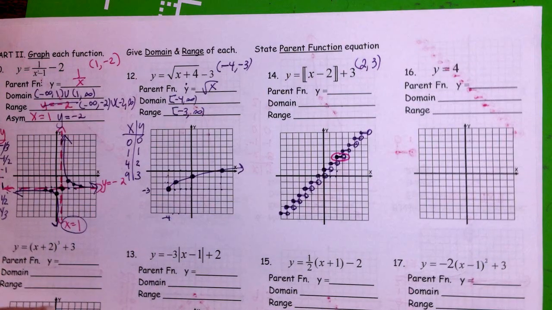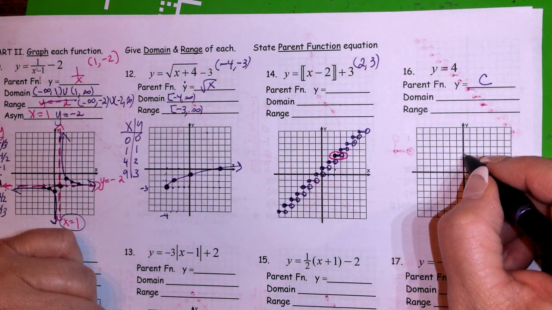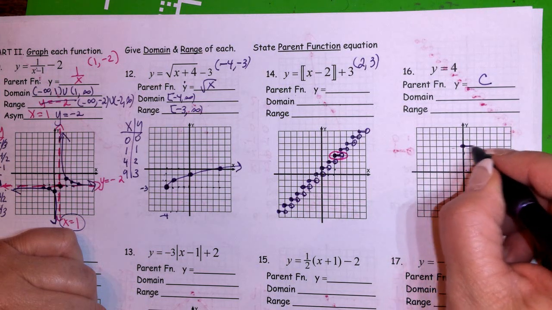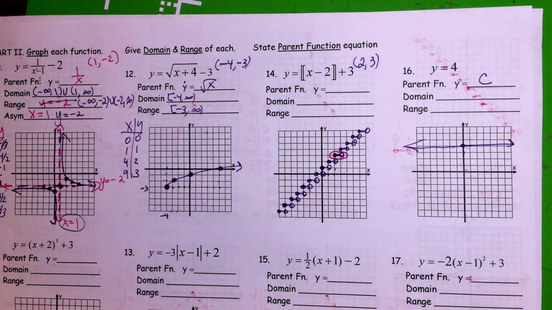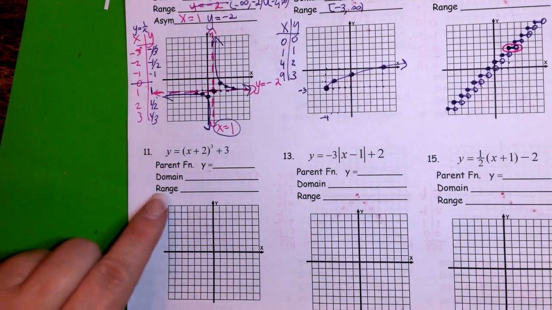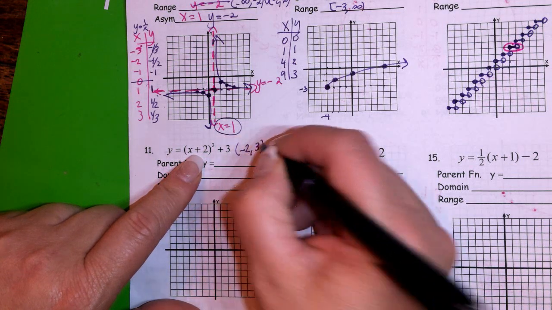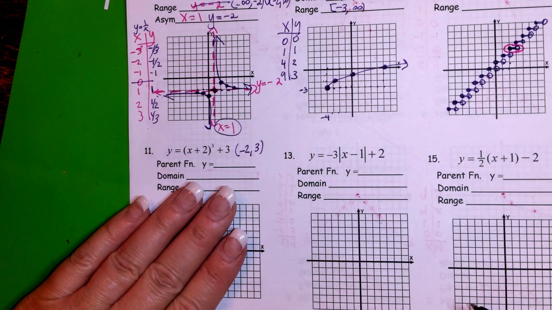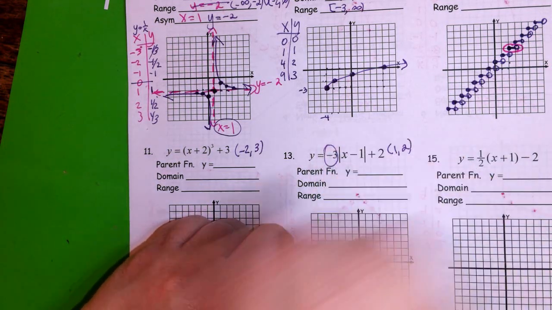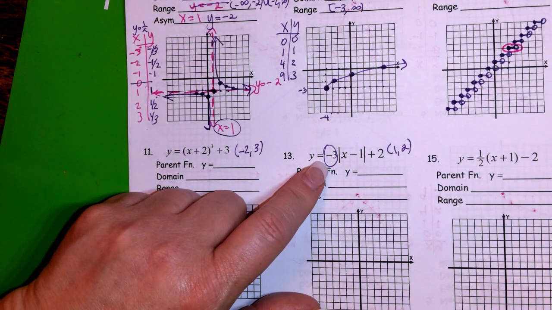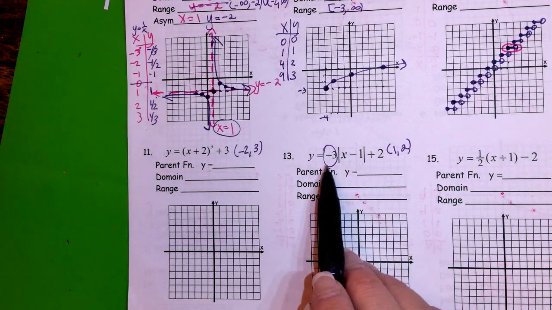When you see y equals 4, that's your constant. I'll just draw a little y equals 4. This is your cubic, so you take off your HK, negative 2, 3. You should be able to graph those again. Absolute value: you have to be careful. Now you have a reflection, so instead of going up, you're going to go down, and you're going to stretch.